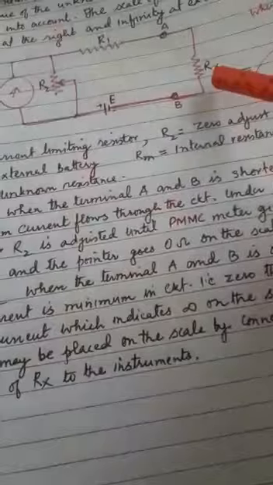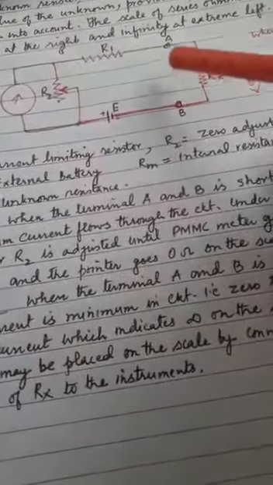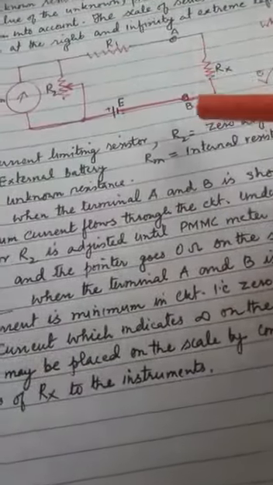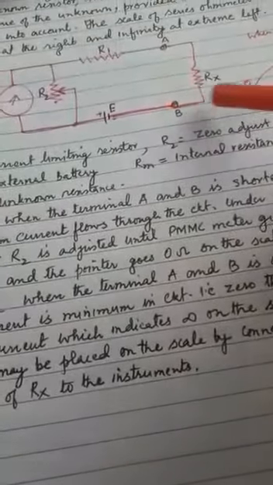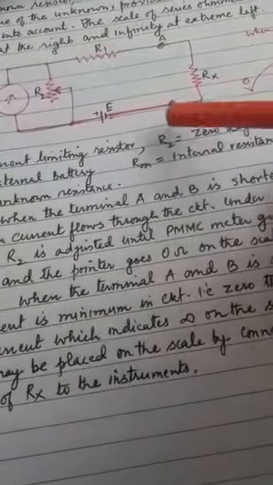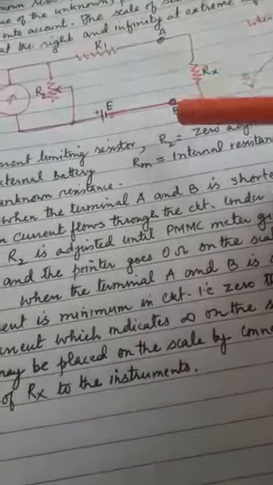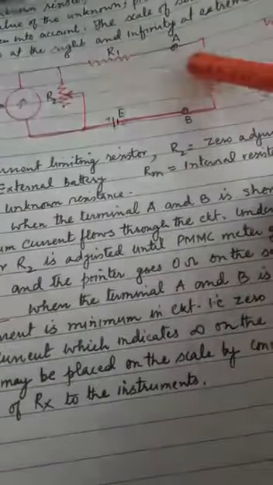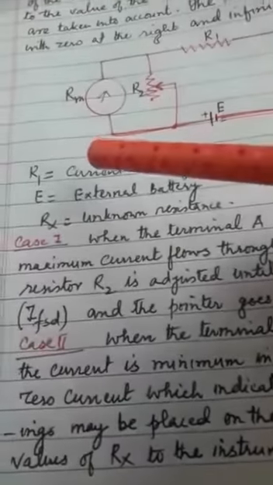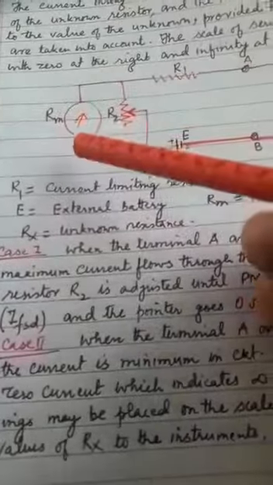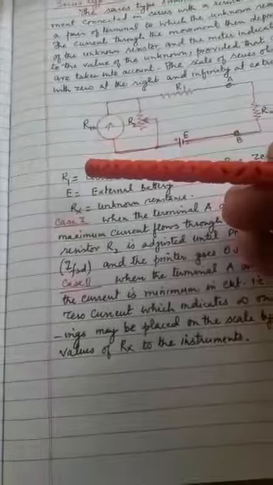In the second case we are keeping the two points open, the minimum current flows through R1, and a small deflection is shown by the meter. This was the procedure used in the series type ohmmeter.